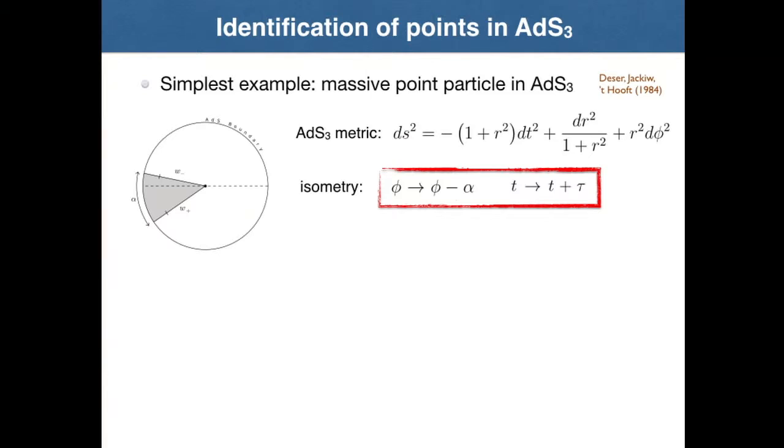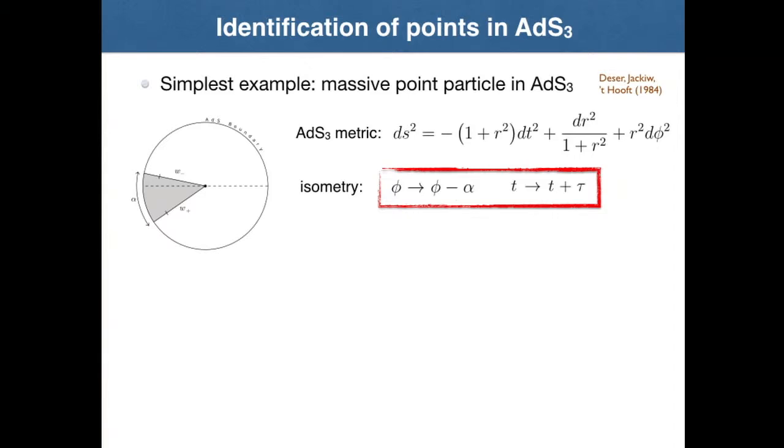So in this particular case, it's known that point particles are identified with conical defects in anti-de Sitter three, or in flat space, essentially. And how can I build a conical defect? I have to cut out a portion of the AdS3 space. And the idea is to consider an isometry of this type. So I consider both a shift in the angle and a shift in time.